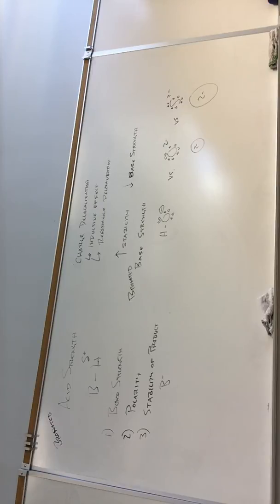But what was the bond strength? Nitrogen-nitrogen: 1,000 kilojoules per mole. It wasn't like 400 million kilojoules per mole.